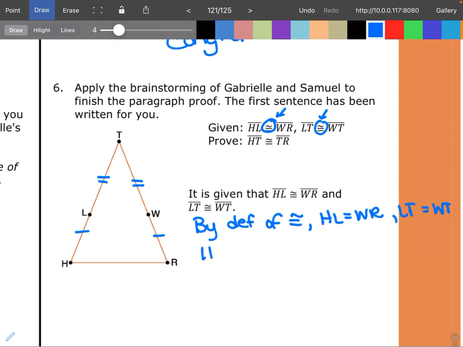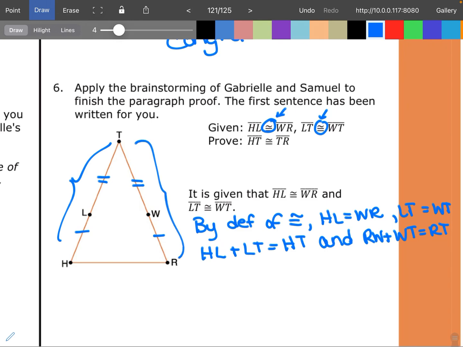So I know that HL plus LT will equal HT. Okay, so I'm just showing this part right here. And I know that on the other side, I'm going to have RW plus WT is equal to RT.